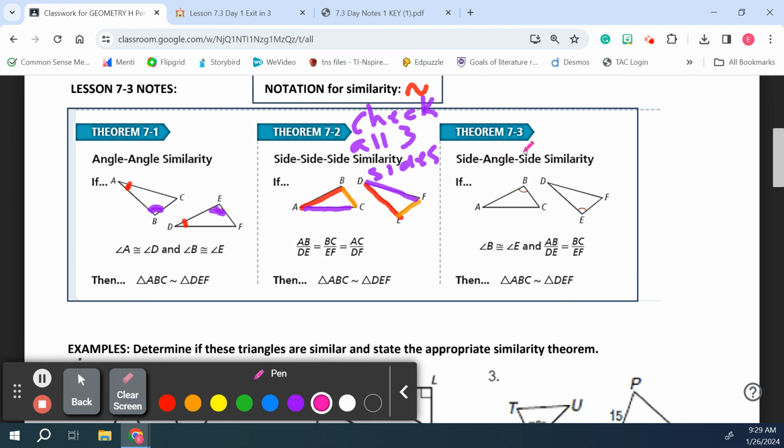Side angle side, just like with congruency, we have a side, we have another side, and then we have an angle. Okay? The angle has to be inscribed, which means it has to be in between, right?